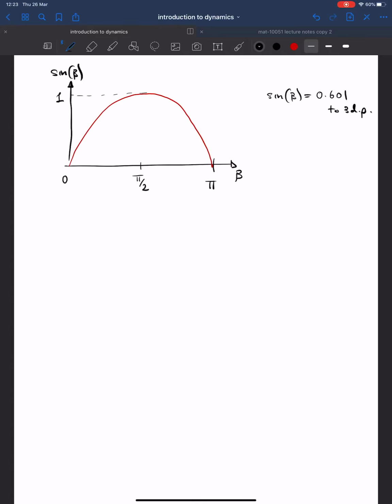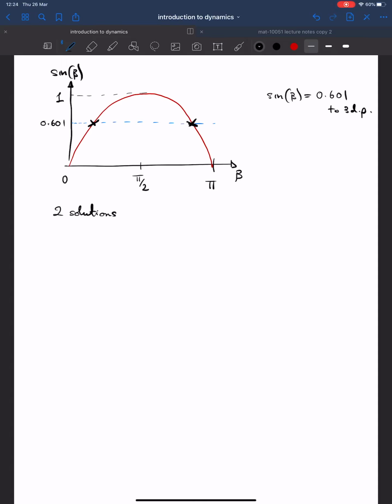So I can put this as a horizontal line on this graph, the right-hand side. So if 0.61 is about here, wherever this line intersects is a solution to our problem. So we have 2 solutions. Clearly this is going to give us 2 angles.